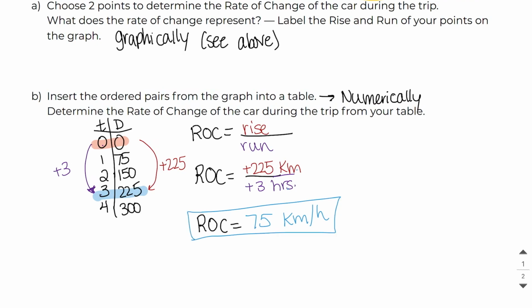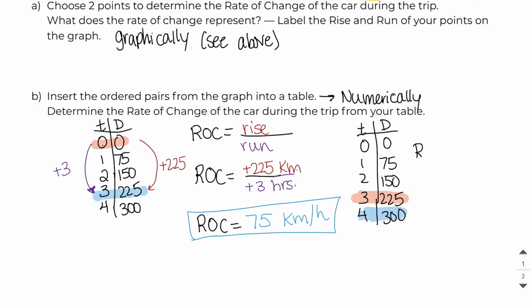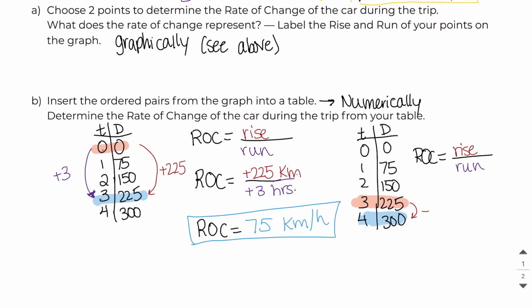Just a quick note, again, it does not matter what you choose as your starting point and your ending point, as long as you are consistent. So let's just take a look at our chart right here. Let's say, for example, I decided instead to make 3, 225 my starting point and 4, 300 my ending point. Again, our rate of change is rise over run. And we know that the rise here from 225 to 300 went up by 75.